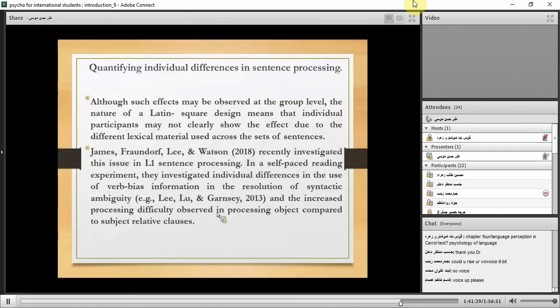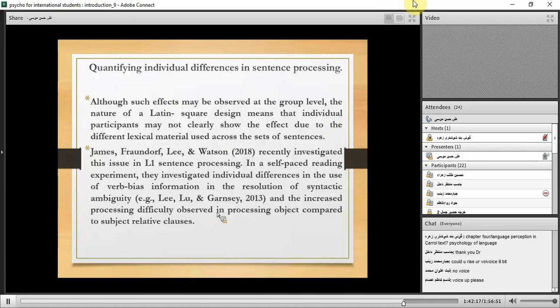James and others in 2018 recently investigated this issue in second language sentence processing in a self-paced reading experiment. They investigated individual differences in the use of verb information in the resolution of syntactic ambiguity, and increased processing difficulty observed in processing subject compared to object relative clauses.